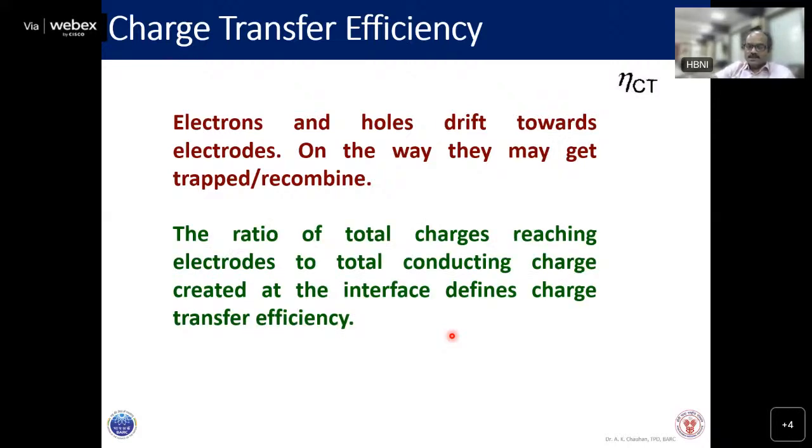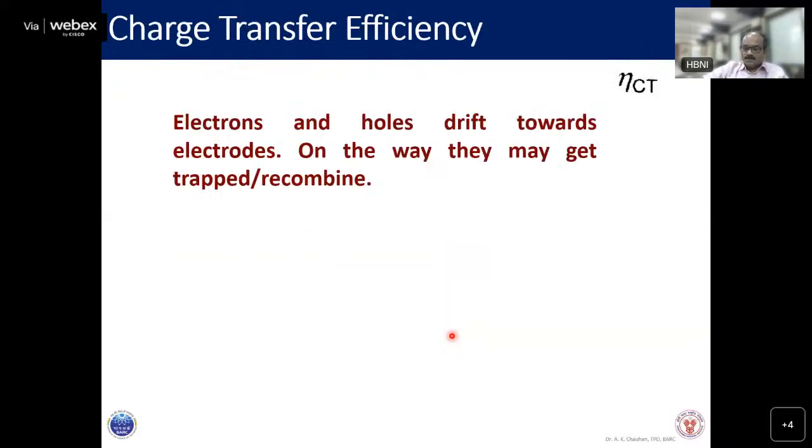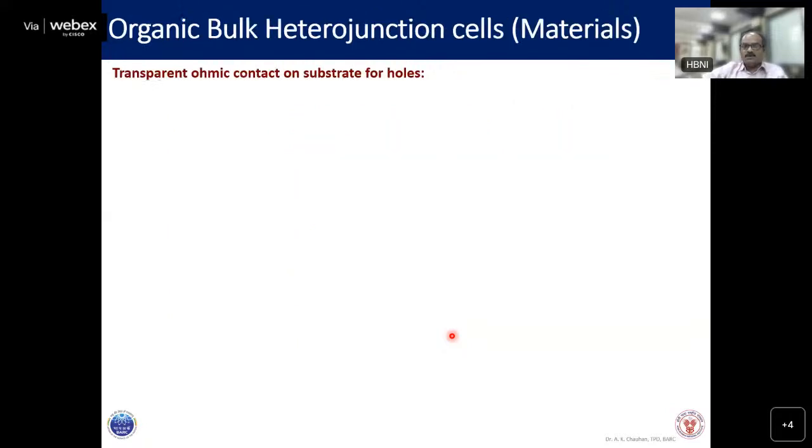So that is the ratio of total charge reaching the electrode to the total conducting charge created at the interface. It defines the charge transfer efficiency. So by doing this, we have now understood how the efficiency is getting affected due to all these processes.